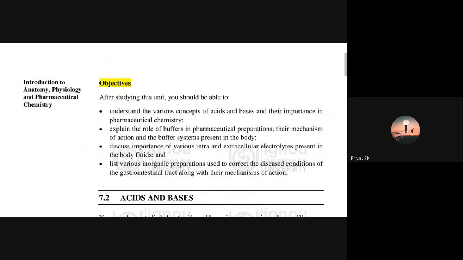Explain the role of buffers in pharmaceutical preparations, their mechanism of action, and the buffer systems present in the body. Discuss importance of various intra and extracellular electrolytes present in the body fluids and list various inorganic preparations used to correct the diseased conditions of the gastrointestinal tract along with their mechanisms of action.